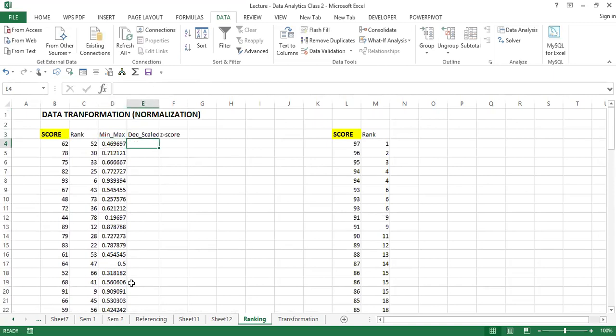So for the decimally scaled score, this will reduce the numbers to the range of -1 to +1 within that range. And that is achieved by dividing this number by 10 to the power of n.